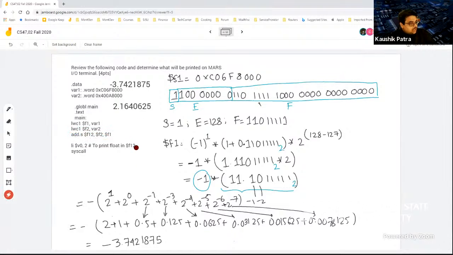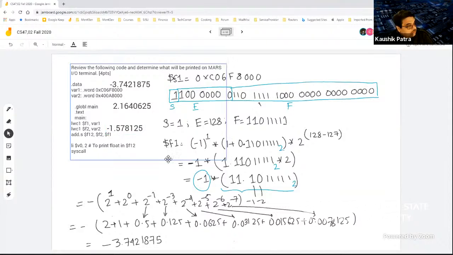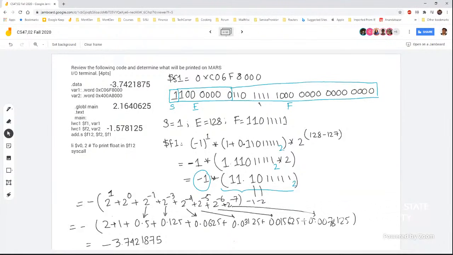So if we use that add value, this result will become minus 1.578125. Is that the answer you got? Did you get this answer? Maybe check the calculator.